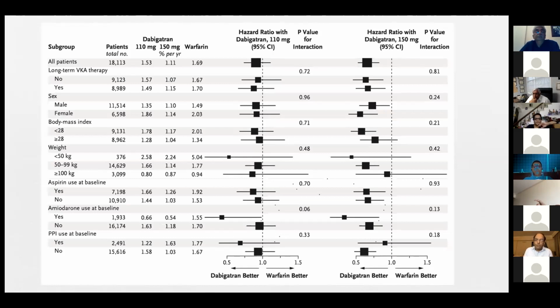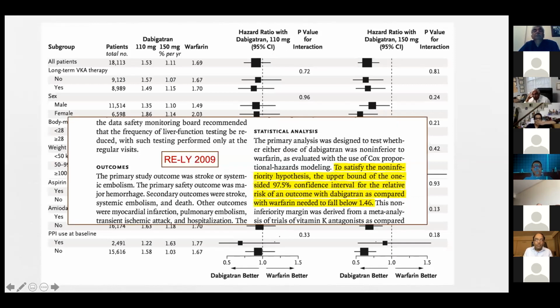So if you see the trial data, this is for 110 milligram, this is for 150 milligram. And this is the text from the same trial, RELY 2009. The statistical analysis part says that to satisfy the non-inferiority hypothesis, the upper bound, this is the upper bound, of the one-sided 97.5% confidence interval for the relative risk of an outcome with dabigatran as compared to warfarin needed to fall below 1.46.